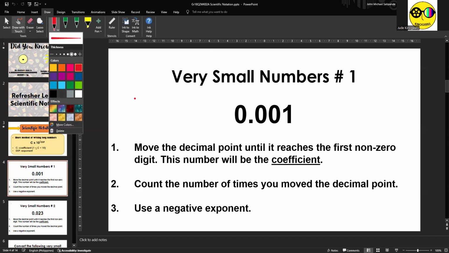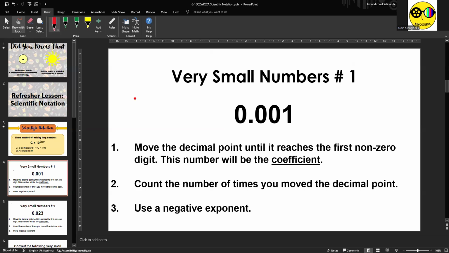In our example, the first non-zero digit is 1, and our goal is to put the decimal point after the number 1. In order to do that, we have to move the decimal point 3 places to the right. 1, 2, and then 3. Therefore, our coefficient is the number 1.